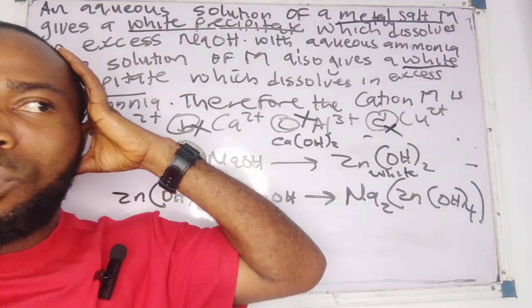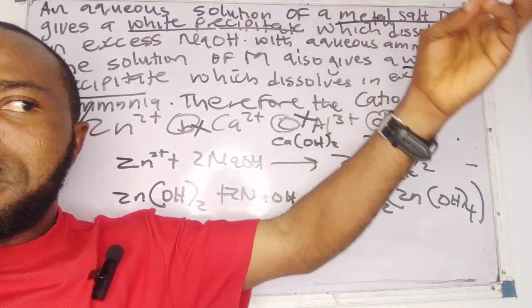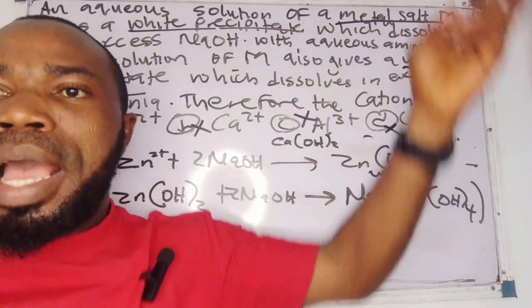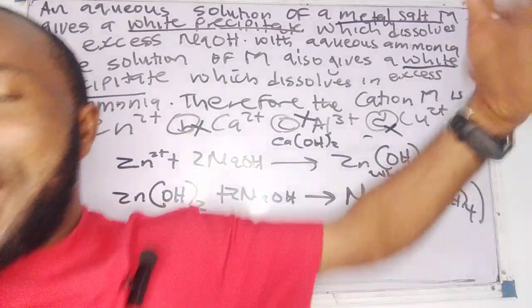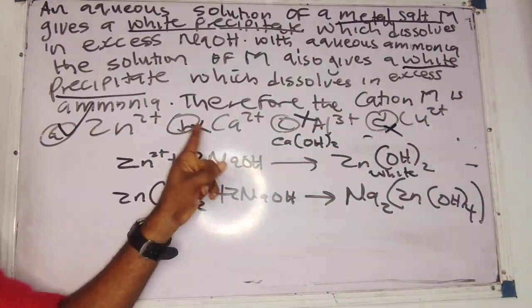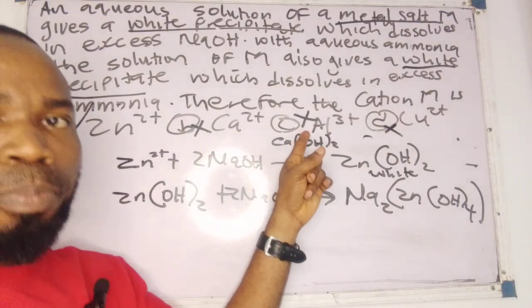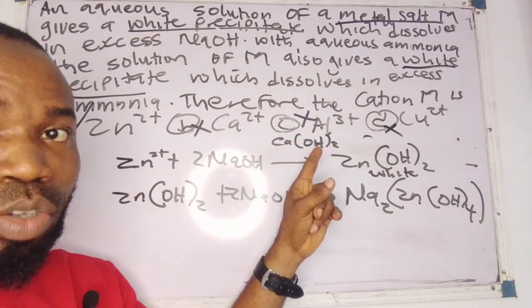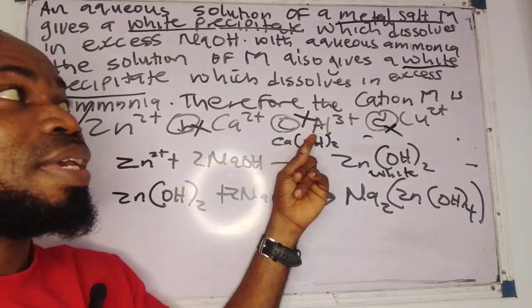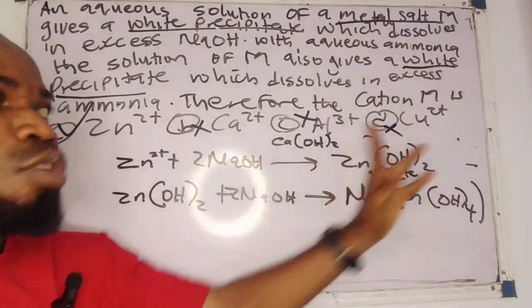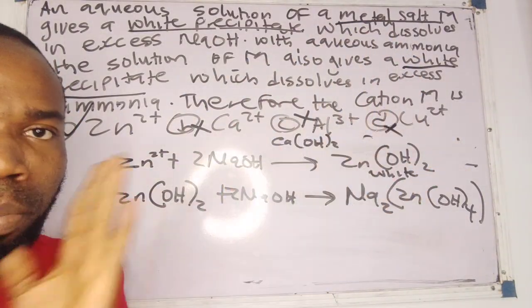Put at the back of your mind: zinc forms a white precipitate with both sodium hydroxide and ammonia and dissolves in excess of both. Calcium forms a white precipitate but does not dissolve in sodium hydroxide. Aluminium forms a white precipitate with sodium hydroxide and dissolves in it, but does not dissolve in excess ammonia. Copper does not form a white precipitate; it forms a blue precipitate.